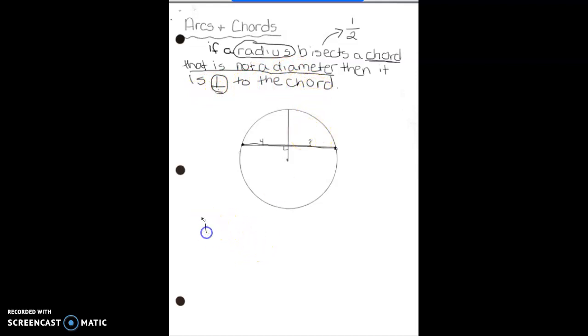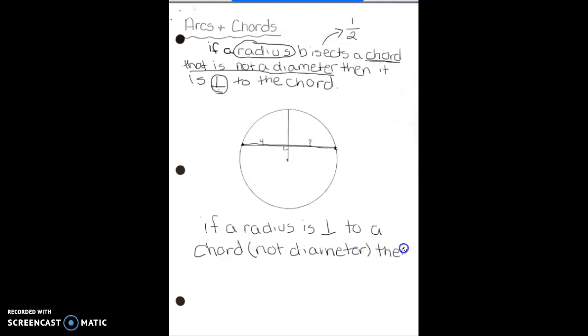The other way to kind of say that is if a radius is perpendicular to a chord that is not a diameter, then it bisects the chord.